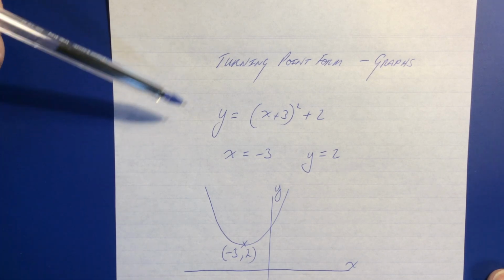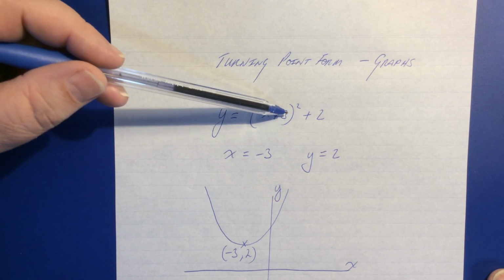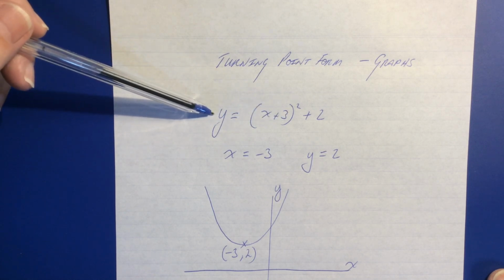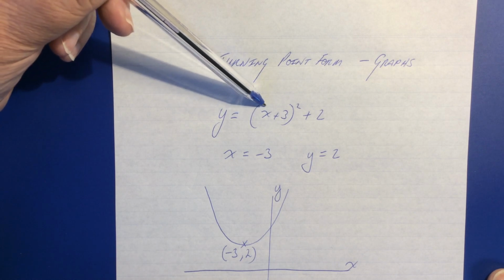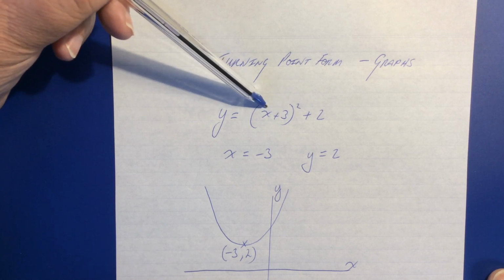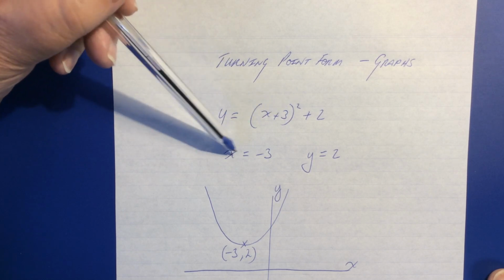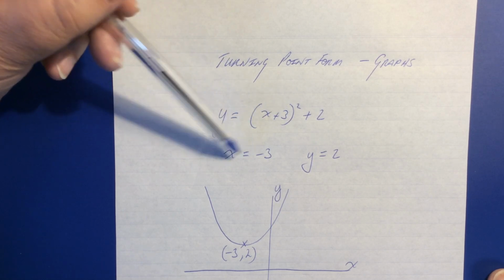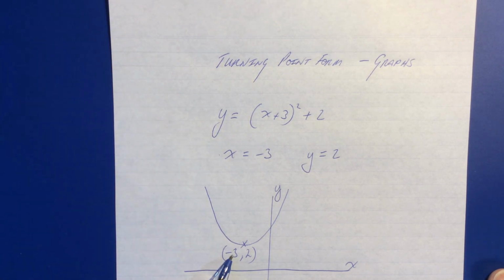Initially anyway. So how do we find the turning point of the graph that this equation generates? Well, we make this bracket equal 0, which is very simple. X plus 3 equals 0 means that x must equal negative 3. That's going to be our x-coordinate of the turning point, and you can see that down here.